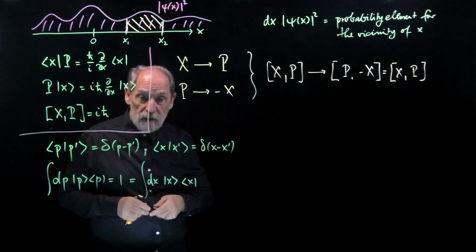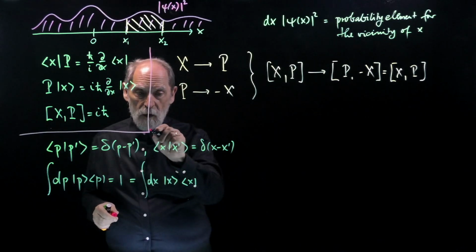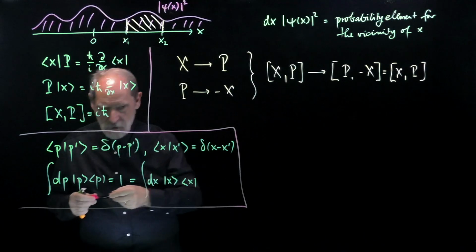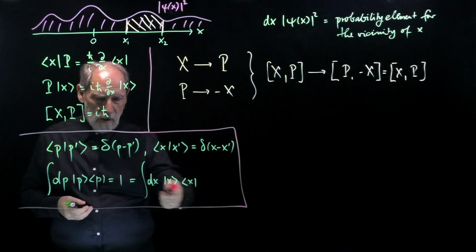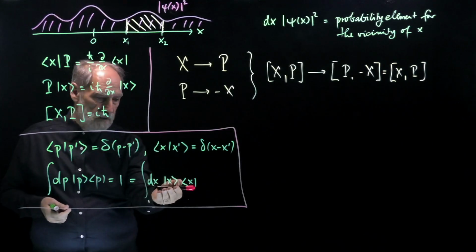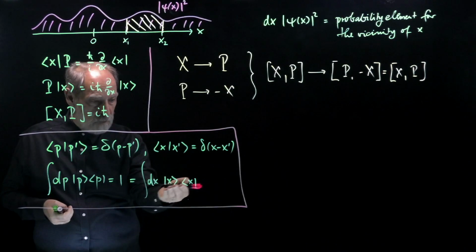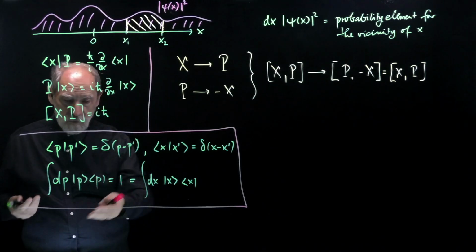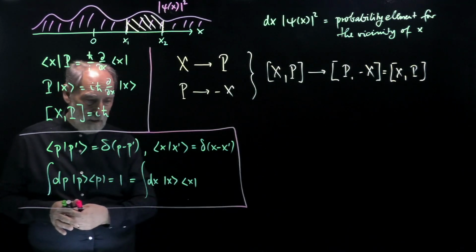Which brings us to the question of how position kets and bras are related to the momentum kets and bras. Here we just know that if I take the ket bras from one set, integrate over them, I get the identity. I take the ket bras from the other set, integrate over them, I get the identity.